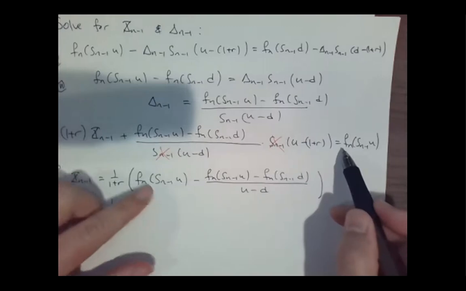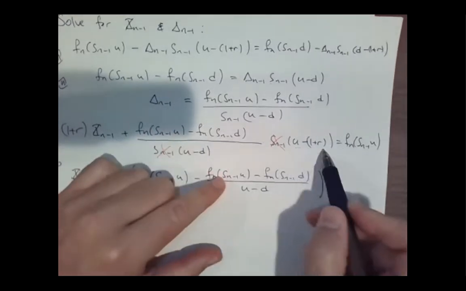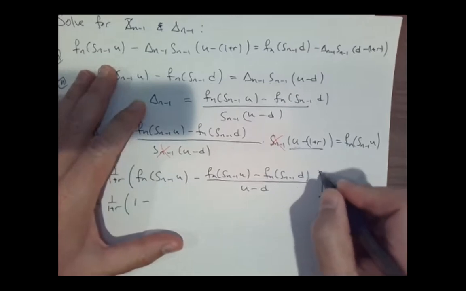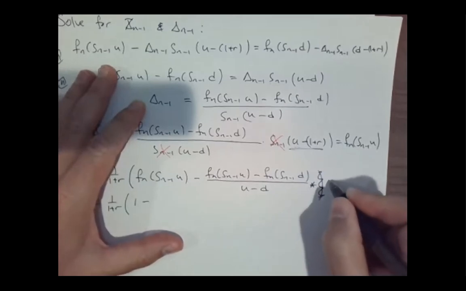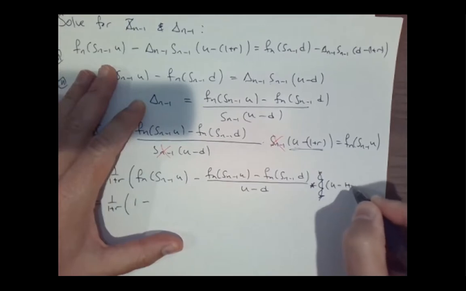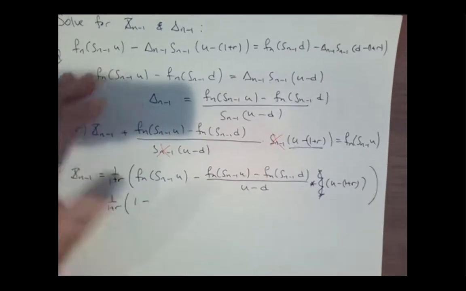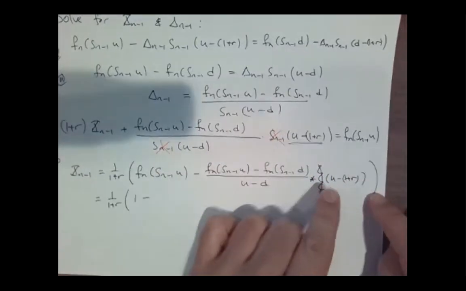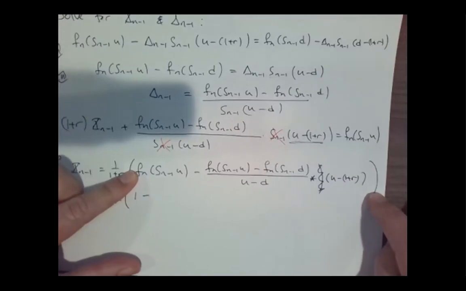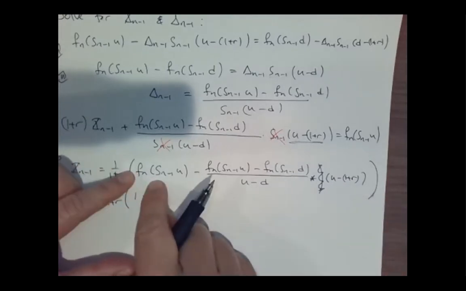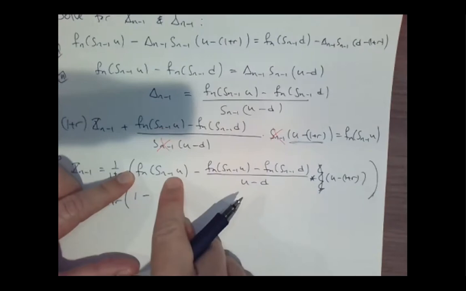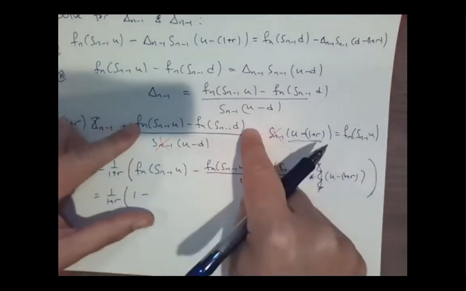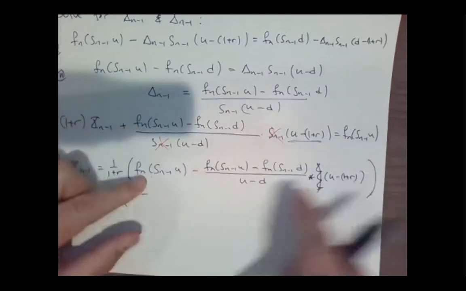We're missing a term. So we had this one minus that one, and then this term here has to be in there. This is times u minus 1 plus r. This term here had to go down here too. So we have the first one. That was this one. We have this term. That was that term with a minus sign.